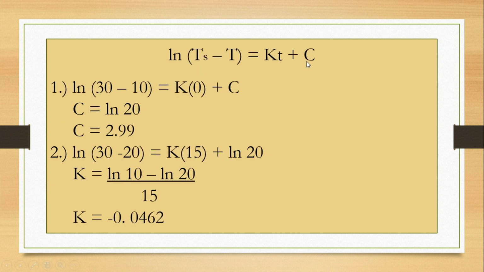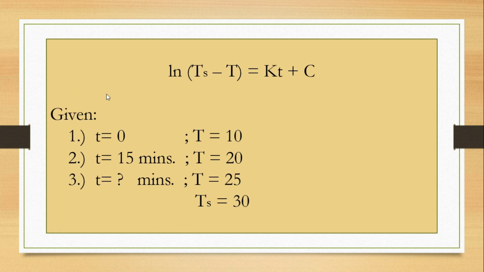So we just have to substitute the givens. ln of 30, which is the temperature of the surroundings, minus 10, which is our temperature in condition number 1, is equal to k times 0, then plus c. So c is equal to ln 20, or c is equal to 2.99. So that is our constant from the first condition.